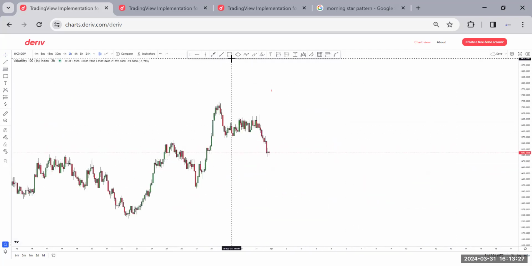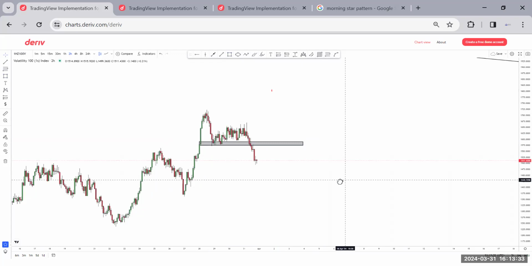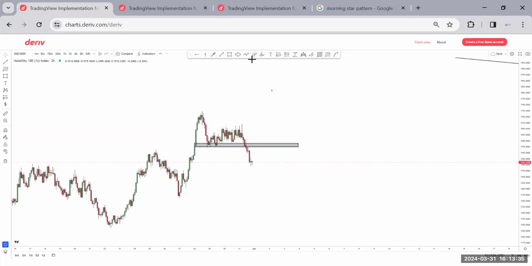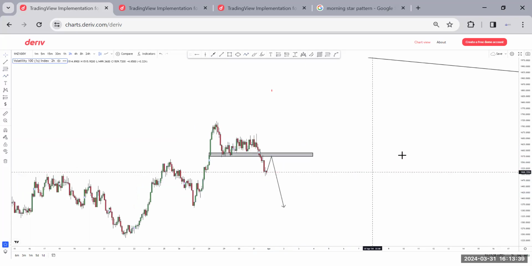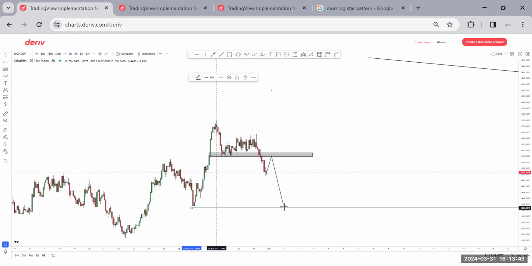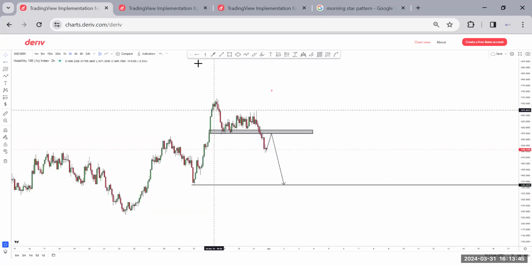Okay, so on the 2 hour, we can say this low has been broken. This low has been broken. So if price comes back, we can take a sell, up to this low.